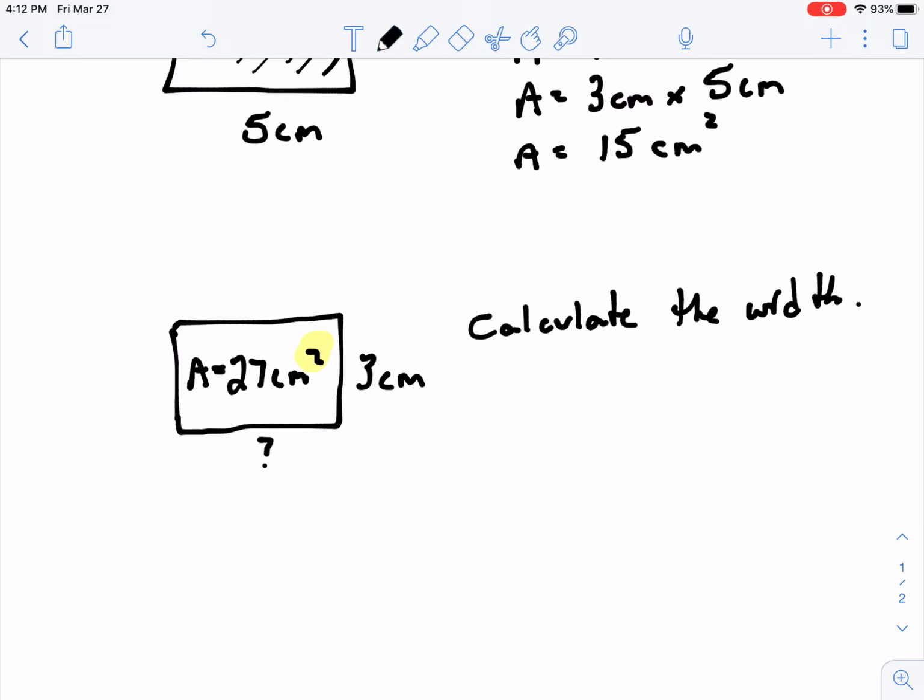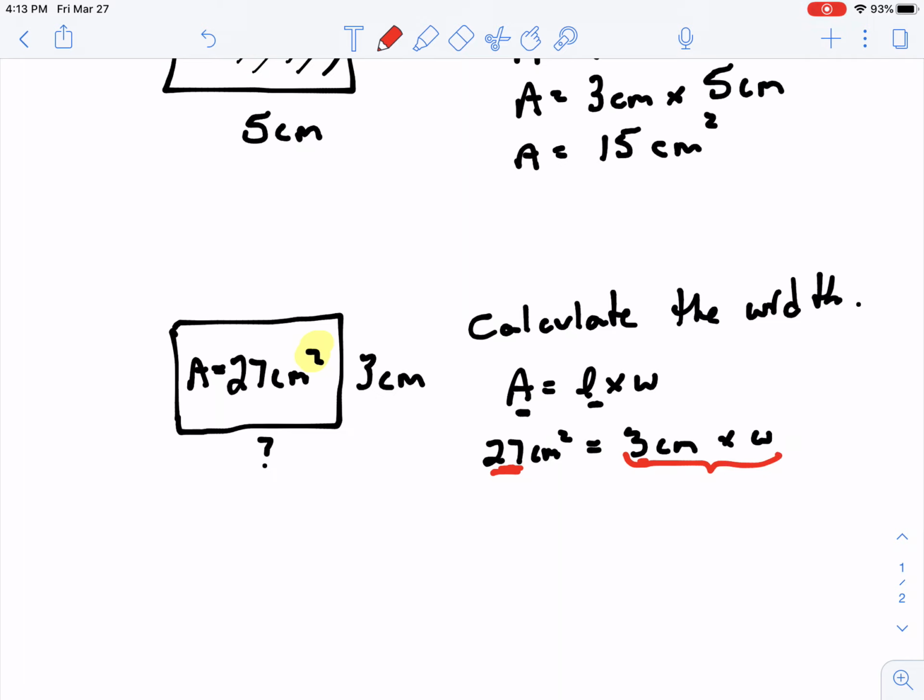Well, to look at that, again, I know my area is equal to my length times my width. And now this is where I get into my algebra, because I really like algebra and I find it easier to do. I know my area is 27 centimeters squared. I know the equal sign is still there. I know my length is 3 centimeters, and I know that is being times by my W. So basically this 27 is made up of the 3 and the W. So both of these guys make up the 27.